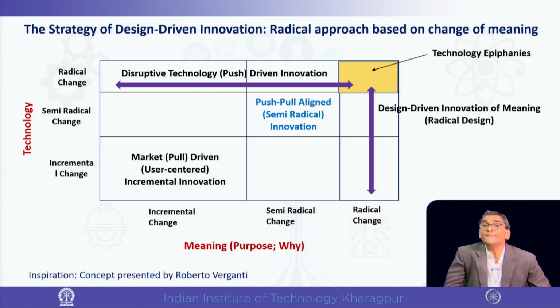So, when these two things coincide, according to Verganti, it is called technology epiphanies in this yellow region. But in other regions also you see that incremental innovation happens, or push-pull aligned.